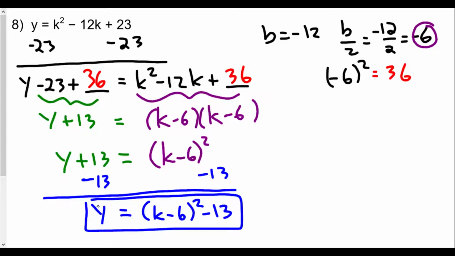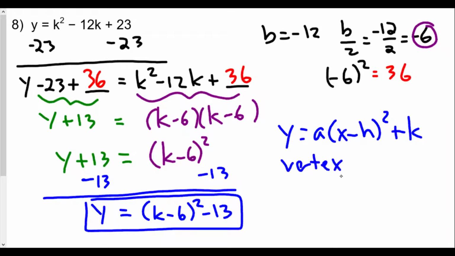The vertex form, of course, is y is equal to a times x minus h squared plus k. This form allows us to find the vertex. In this case, we see the vertex is going to be 6, comma, negative 13.